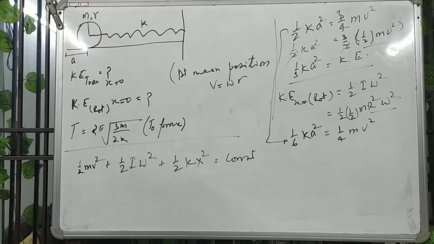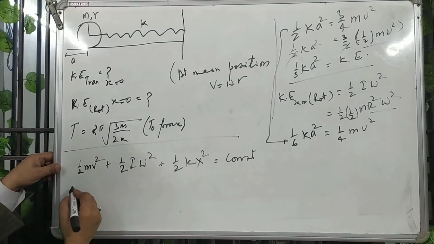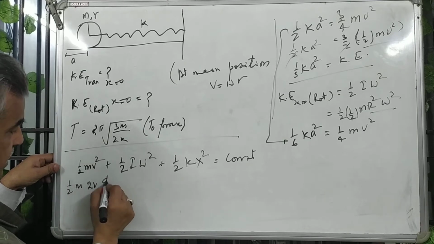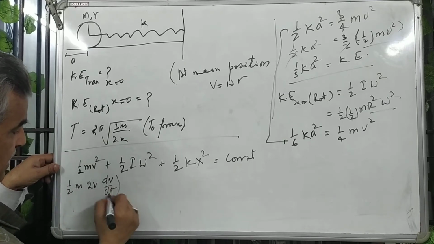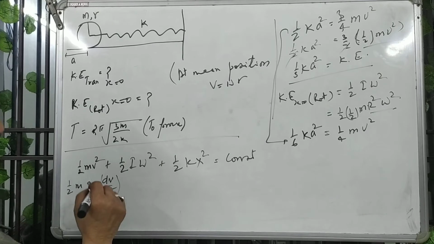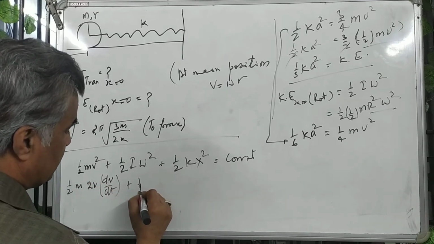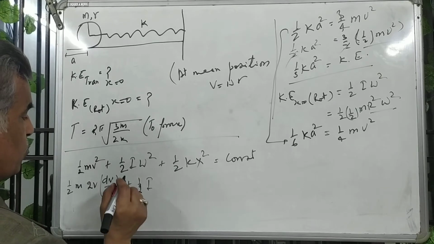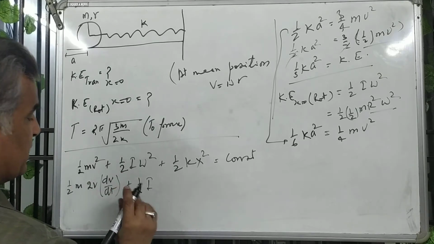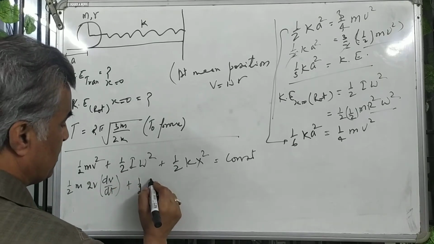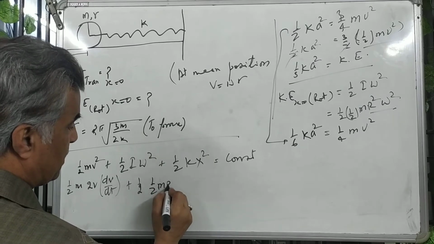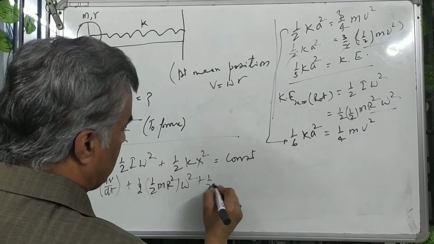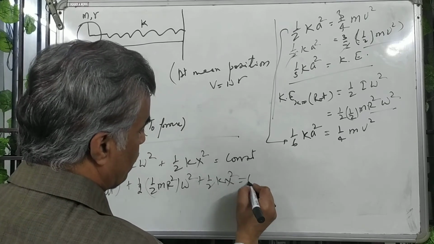Now differentiate with respect to time. So you will find half m 2v dv by dt, and this is acceleration, plus half inertia, and you may write inertia is half mr square of the disk, and omega square, plus half kx square equal constant.